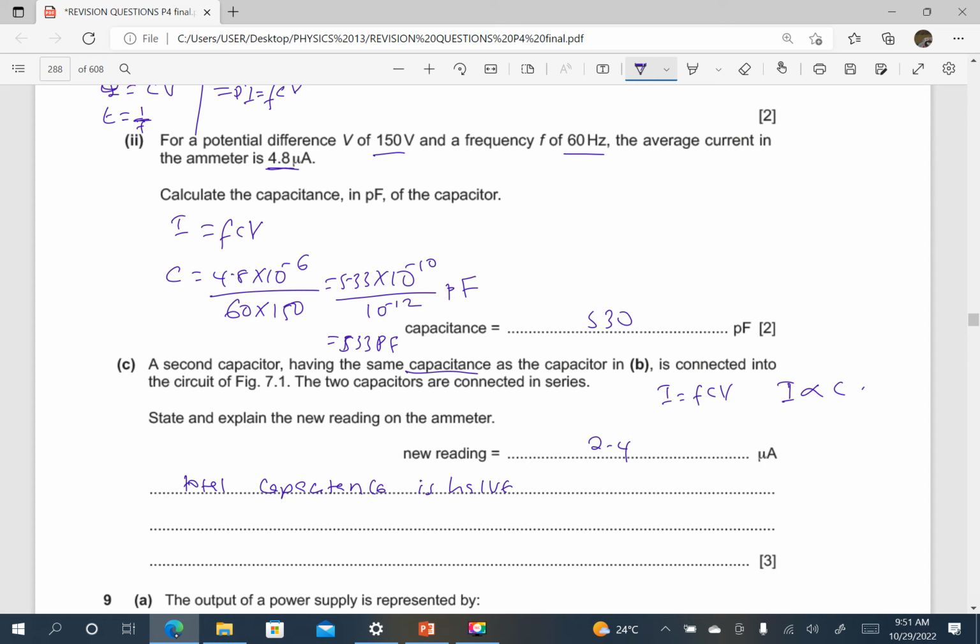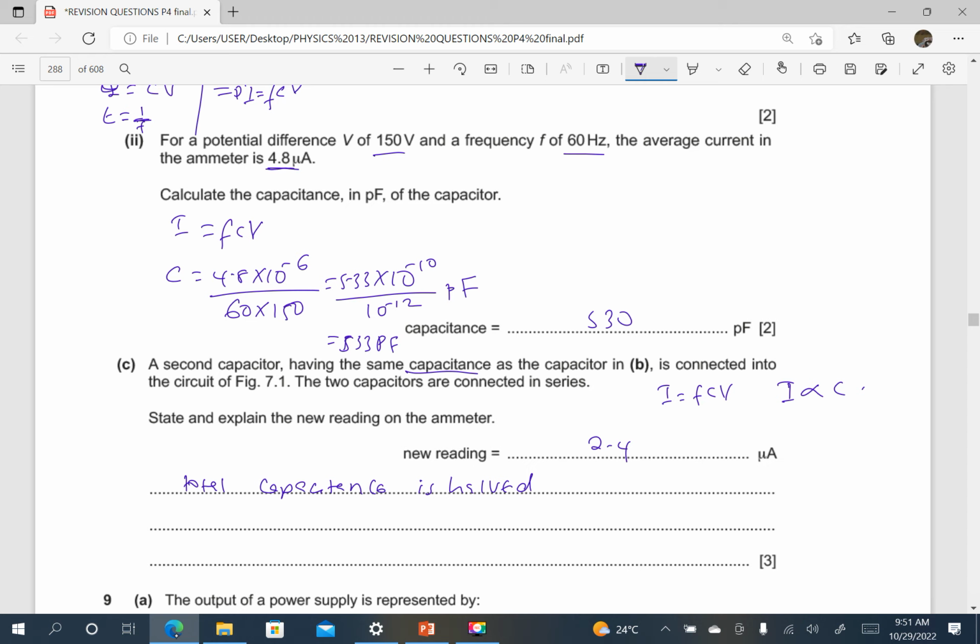When we connect two capacitors in series, total capacitance reduces. Now these are identical, so total capacitance is halved. So it means if the total capacitance is halved and I is directly proportional to the capacitance, the current should also be halved.